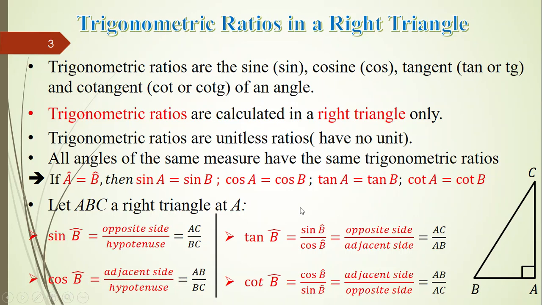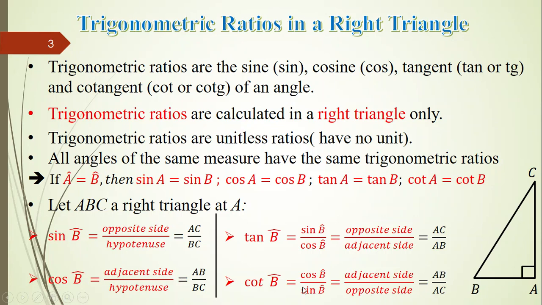To calculate tangent B, we divide sine B over cosine B. It means we have the opposite side over the adjacent side, which is AC over AB. The cotangent of angle B is cosine over sine, which means the adjacent side over the opposite side, equal to AB over AC.